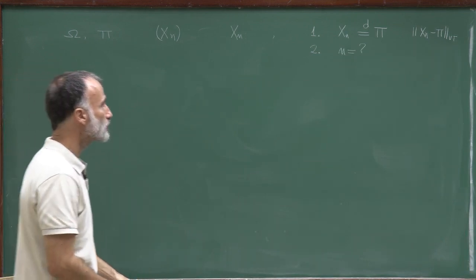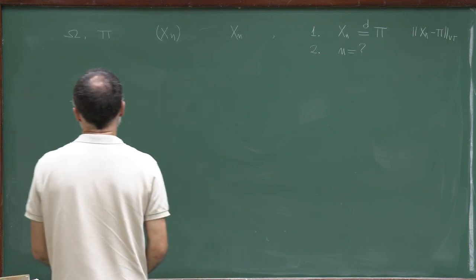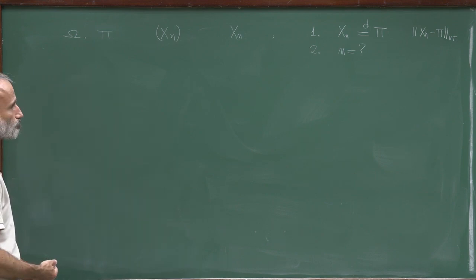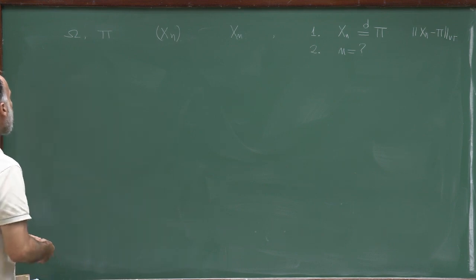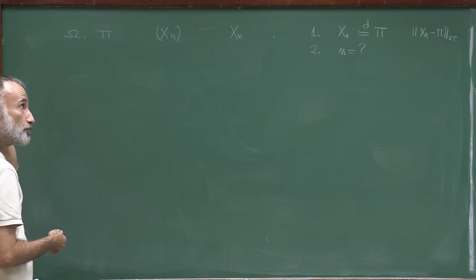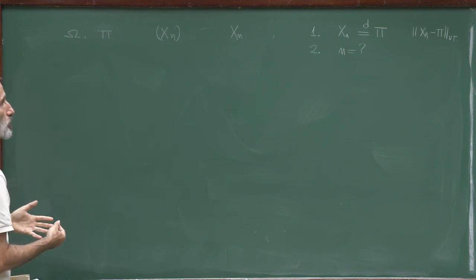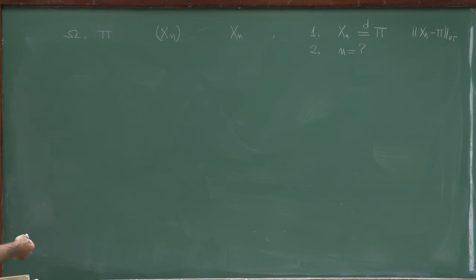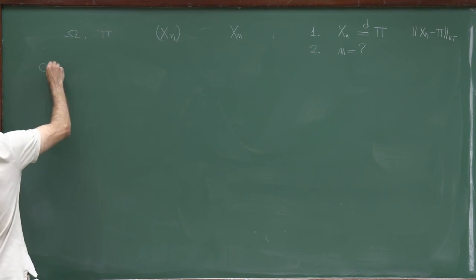But how to estimate the mixing time? This is what I want to start discussing now. We will concentrate on one example which explains a possible strategy in order to estimate these mixing times. And this strategy is based on coupling.